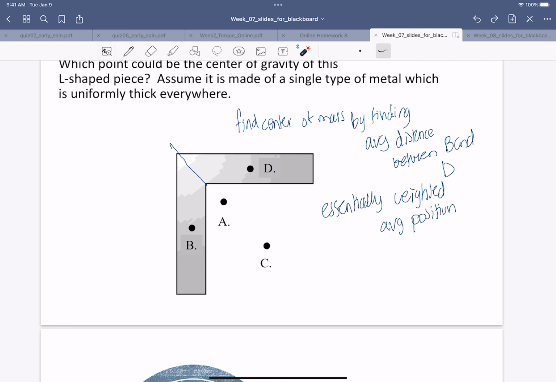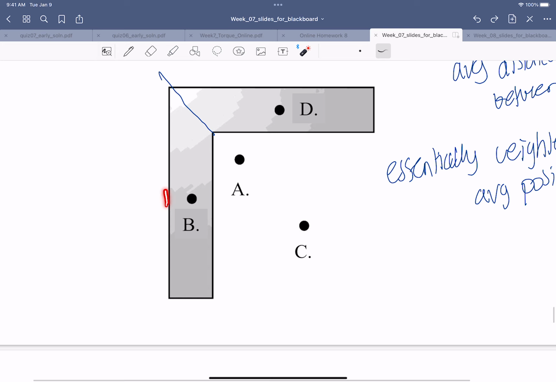But I don't like doing it that way. I like to be a little bit more thorough so I can visualize what's going on. So I can just think of x and y centers of mass. If I make this my origin, B is a certain distance away and D is a certain distance away, and those are both points on the L-shaped piece.